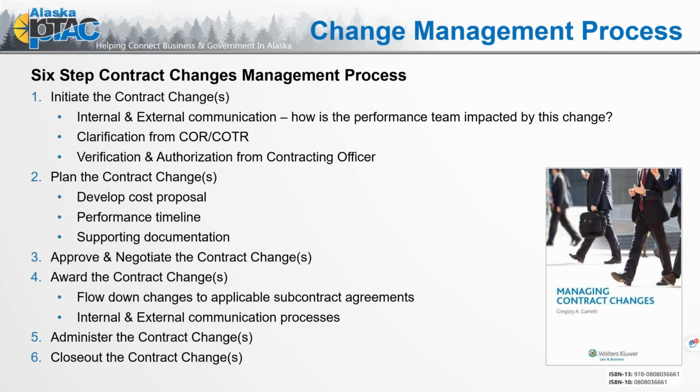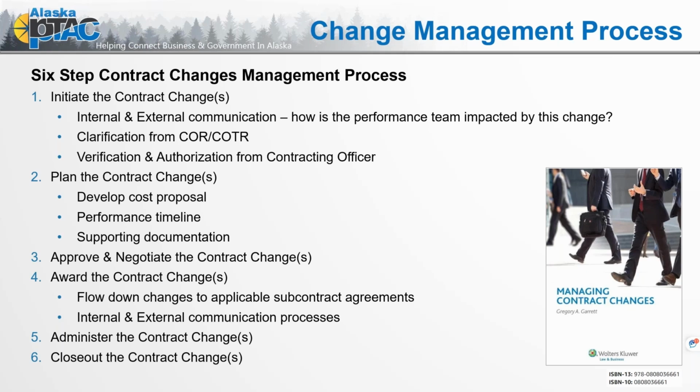So in the book, they talk about the 6 steps. So step 1 is initiate the contract change. And again, that internal, external communication, how is the performance team impacted by the change? Part 2, or bullet 2 under step 1, clarification from the COR and the COTR.